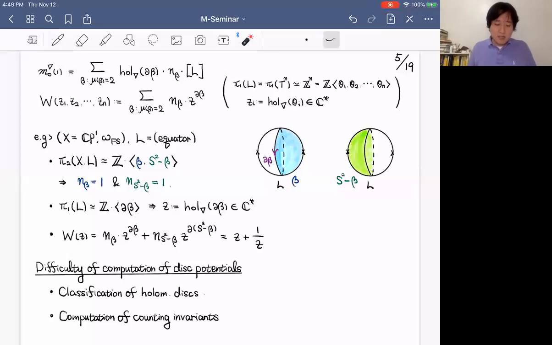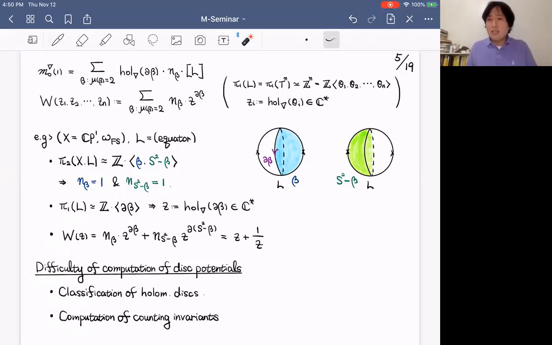Okay, then let me address some difficulties of the computation of the disk potential. The first difficulty lies in the classification of the holomorphic disks. Of course, this one is so simple because the dimension is very low. But in higher dimensions, the classification of holomorphic disks is usually not an easy job. Moreover, suppose our disk moduli space has the standing assumption that it does not bound any non-trivial Maslov zero holomorphic disk.